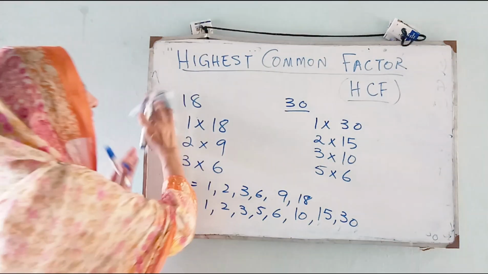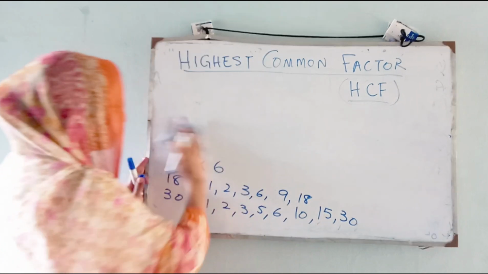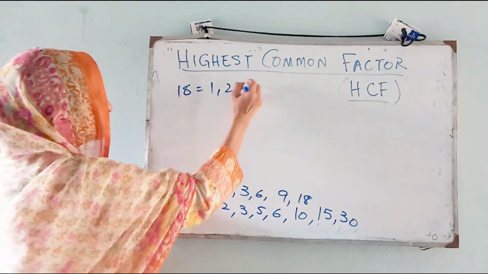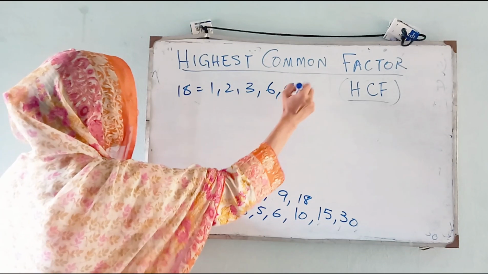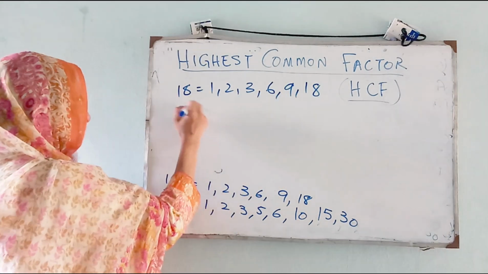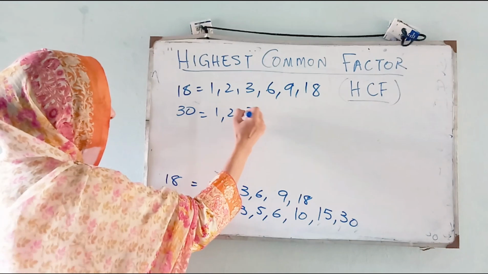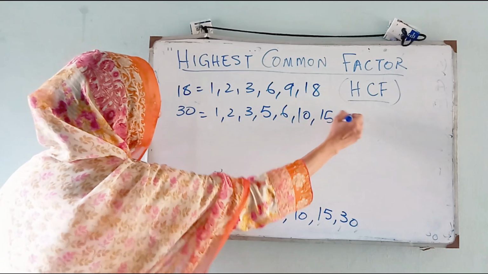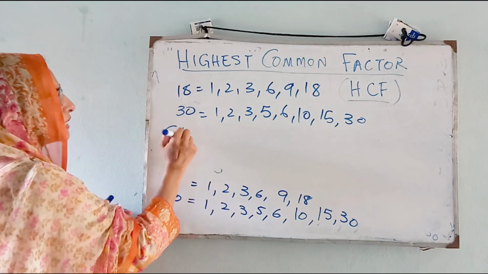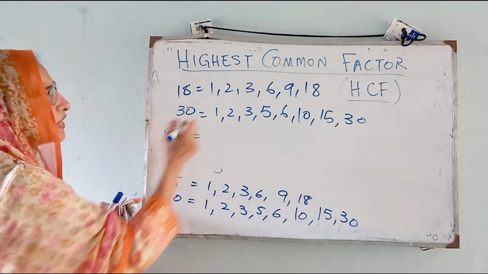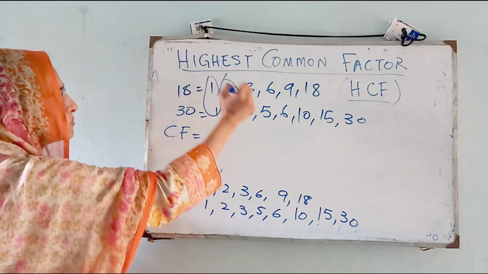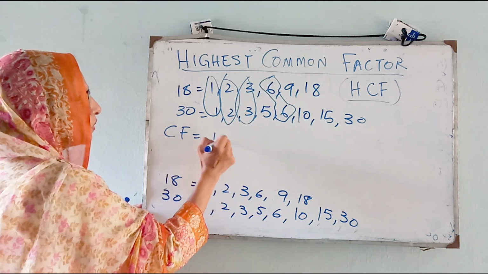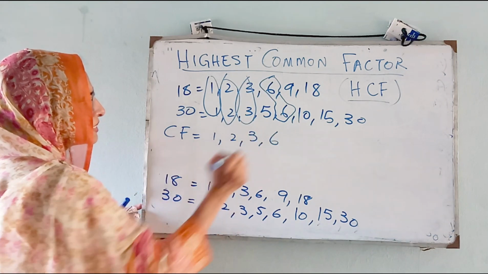The factors for 18 are 1, 2, 3, 6, 9 and 18. Factors for 30 were 1, 2, 3, 5, 6, 10, 15 and 30. The common factors, CF, are 1, 2, 3 and 6.